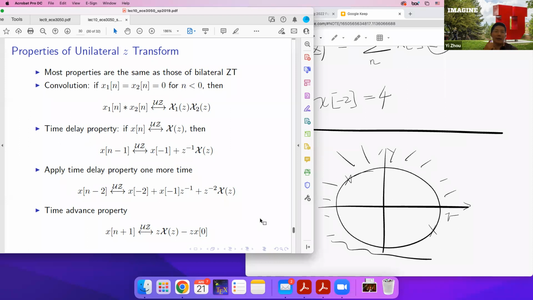Therefore, when we apply the unilateral transform to analyze difference equations in the discrete time domain, right? In continuous time, we talk about differential equations, and in discrete time, we talk about difference equations. When we apply the unilateral transform to analyze difference equations, we need to consider these initial conditions.